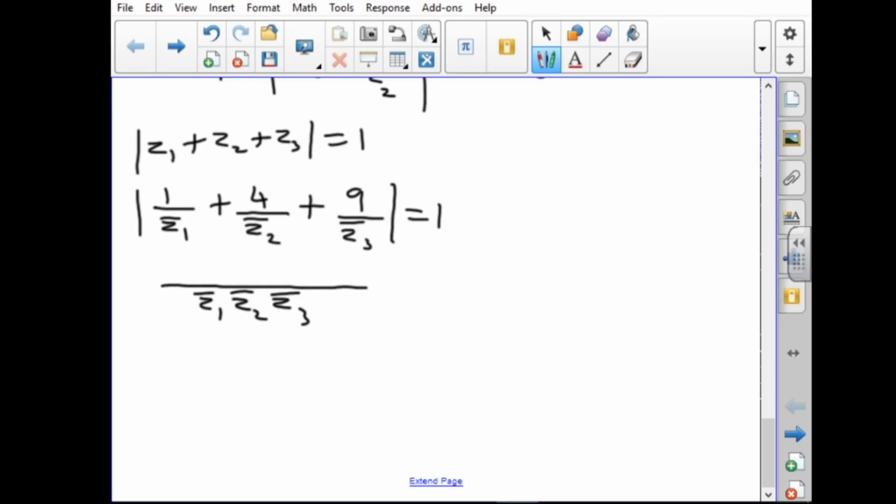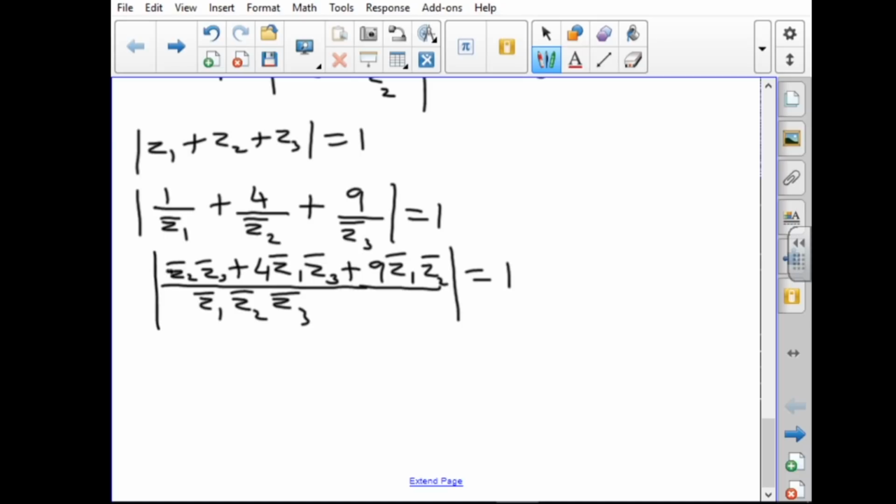So here we have, for z1 conjugate, 1 into z2 conjugate into z3 conjugate, plus z2 conjugate is there, so 4 into z1 conjugate into z3 conjugate, plus z3 conjugate is there, so 9 into z1 conjugate into z2 conjugate, whole modulus is equal to 1.